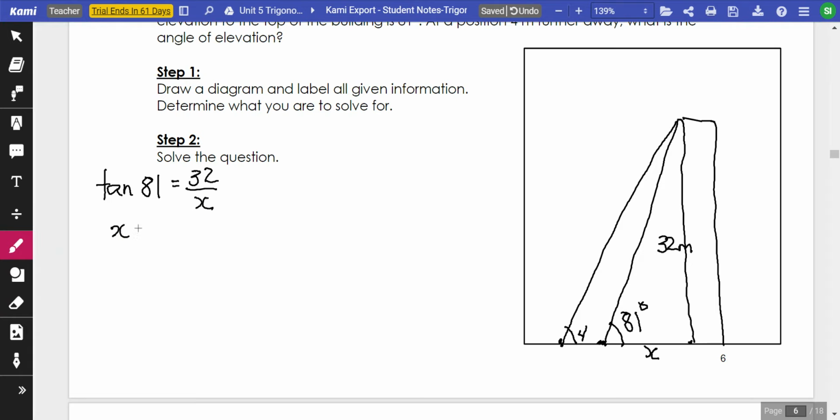So x is equal to 32 divided by tangent of 81. Okay, so find the tangent of 81 and then divide it into 32. So 32 divided by tangent of 81, and that equals 5.07 meters. Okay, so this is 5.07.